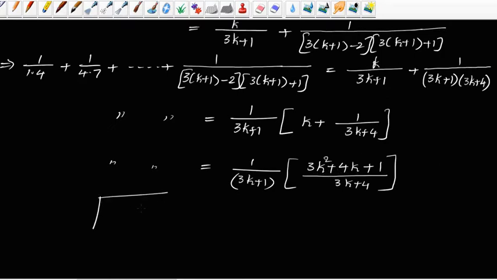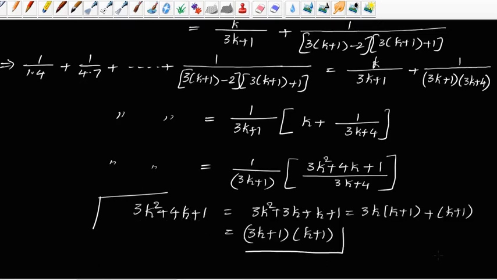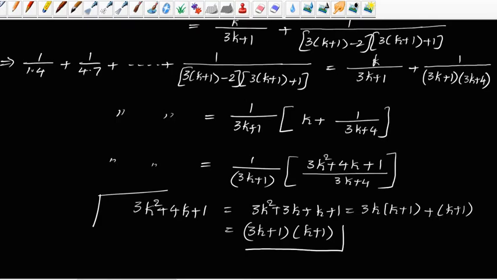The product of the first and last term is 3 into 1, 3. The sign of the last term is plus. If you add, how much will you get? 4. That is the middle term. So the factors are 3 and 1. Okay, they are the factors here.